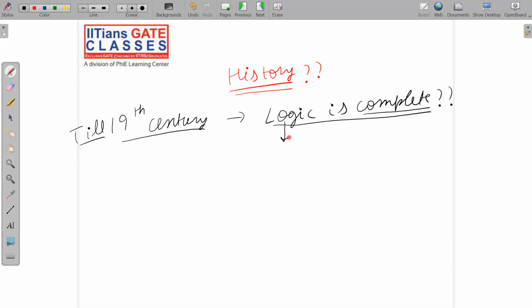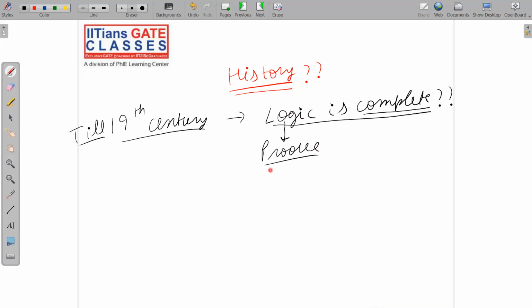First of all, let me tell you why we are studying logic. By now, I think you have all studied the logic subject. That is the basic fundamental of discrete mathematics also. In discrete mathematics, we first study logic. And why do we study this subject? Because it is used to prove a set of statements.